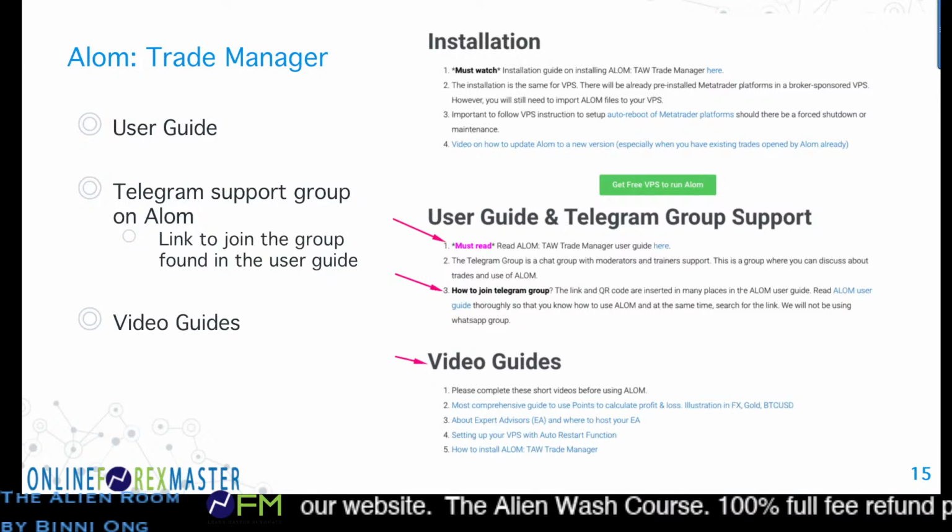I urge all of you to join the Telegram group, because this is where the seniors will be there to answer your questions and for you to talk about things, and I will also post routine, very updated trades that I'm interested in. For example, today I posted on Aussie, on TAW and on oil. These are the 3 trades that were fired today, and I'm interested in all 3. So please join this special Telegram group. To do that, you have to read the user guide.